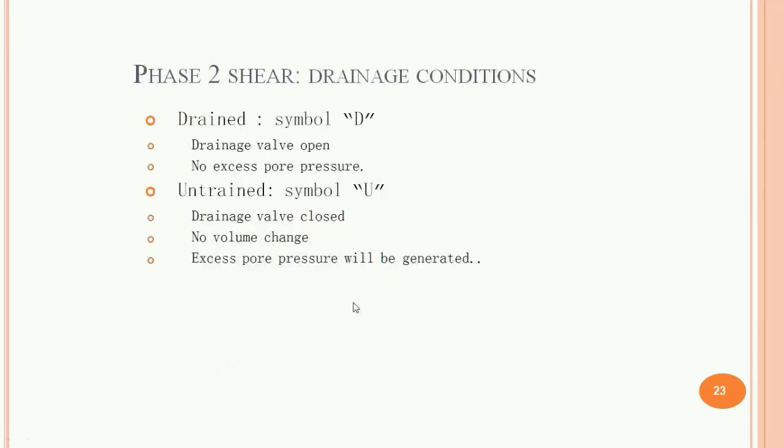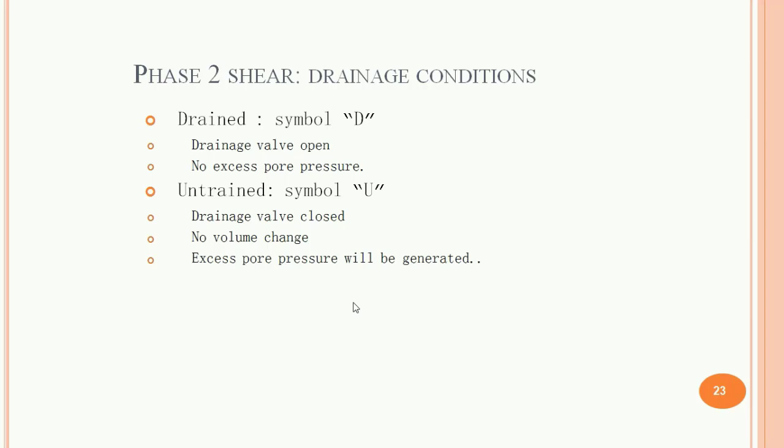Then the next is the shear drainage condition. The symbolic representation for drained is D, and you have to remember the symbolic representation as well. In that case, the drainage valve is open so there is no excess pore pressure.